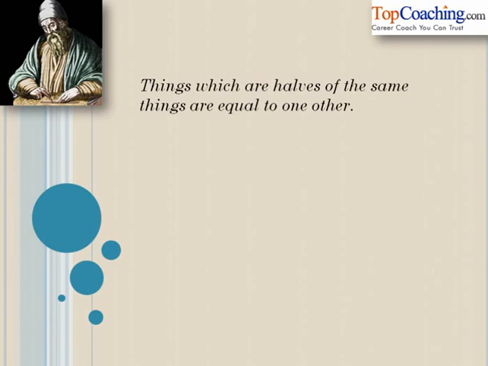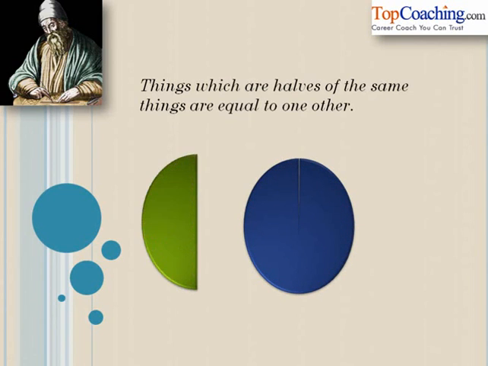Similarly, things which are halves of the same things are equal to one another. So let's try to understand this. Let us say that we have a circle and we have a semicircle over here. This is actually the half of this portion. So this figure is half of this entire circle. Similarly, we have another portion which is exactly the half of this figure.